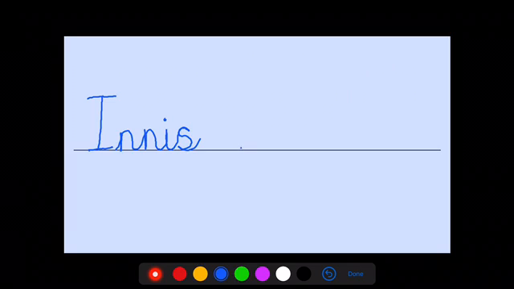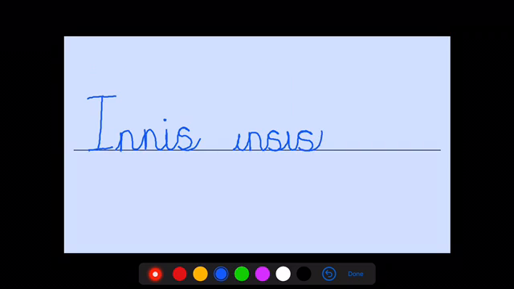In. Insist. Only this time I'm going to add, oops, a daisy. Let's write that word again. Insist. There we go. There are two real words.